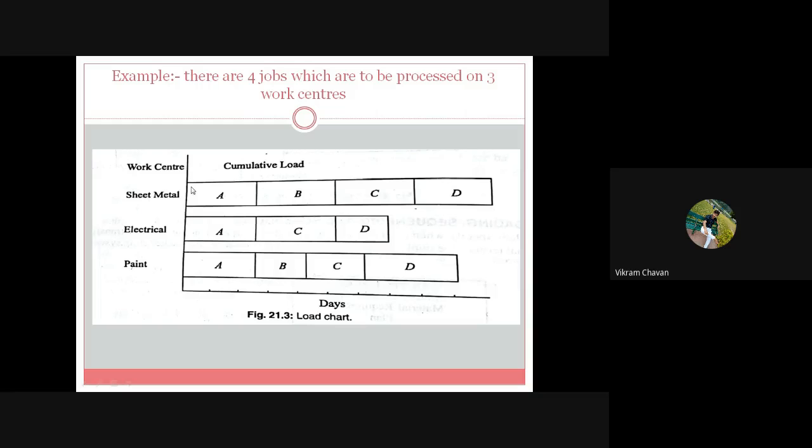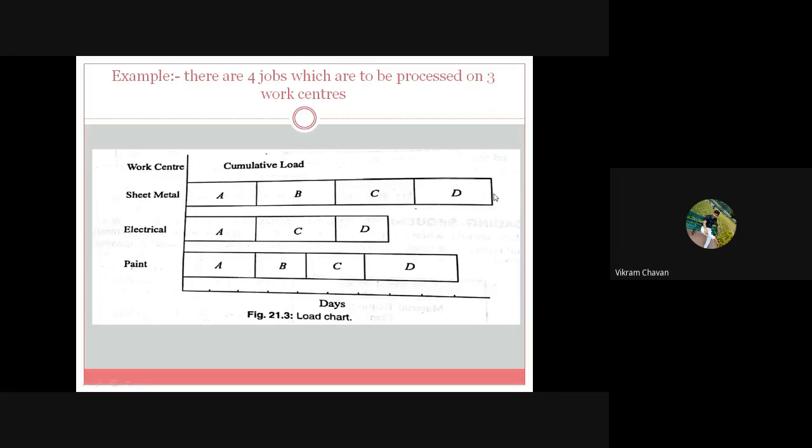These sections are nothing but the tasks or the work centers: sheet metal, electrical, and painting. The cumulative load is shown according to the rectangular grids.